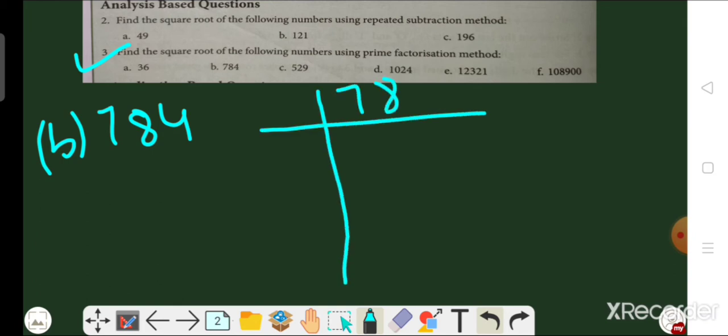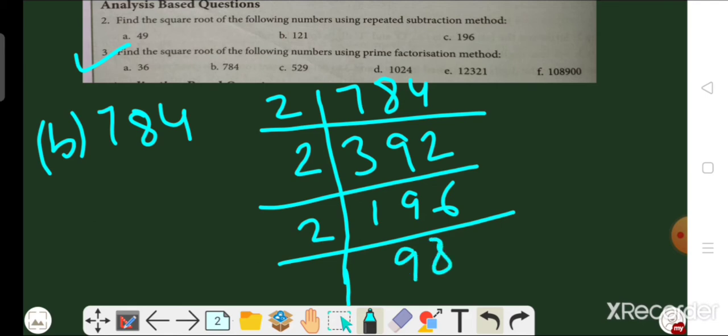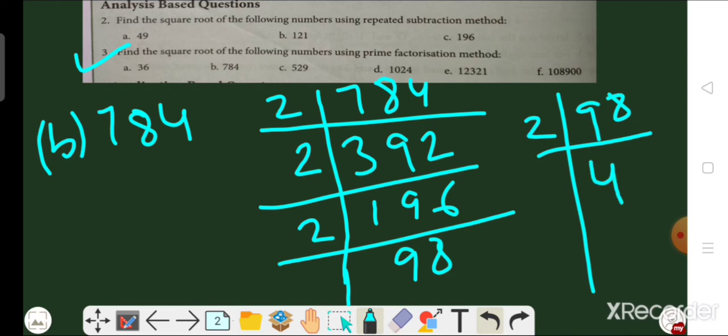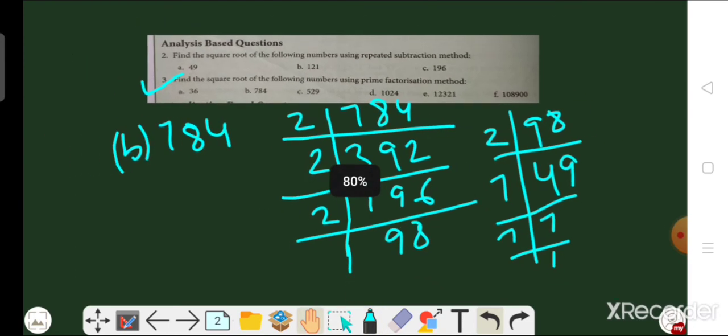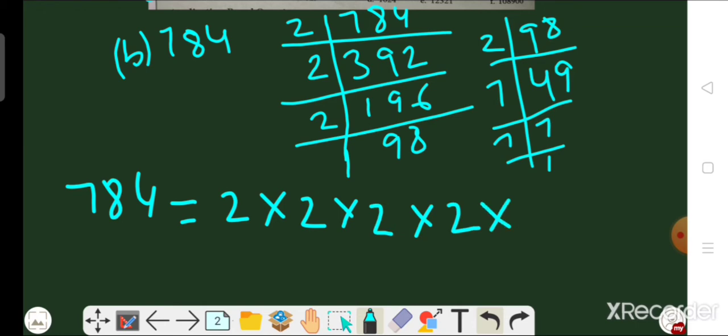So 784 divided by 2 is 392, again by 2 it is 196, again by 2 it will become 98, and again it will become 49, and this is 7, 7 and 7, 1. Now what we have to do, we have to make the pairs. So 784 is equal to 2 multiplied by 2 multiplied by 2 multiplied by 2 multiplied by 7 multiplied by 7. Now make the pairs, first pair, second pair and third pair.